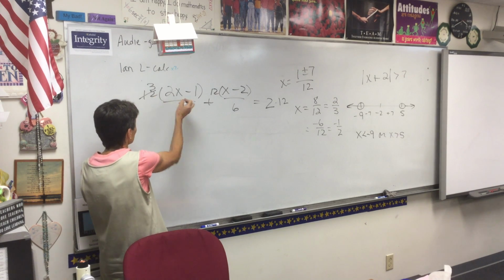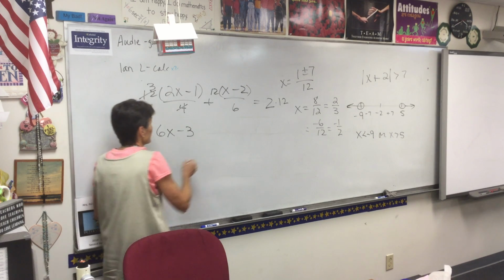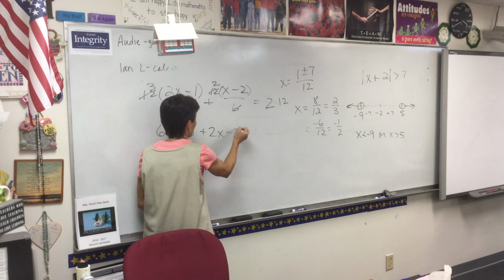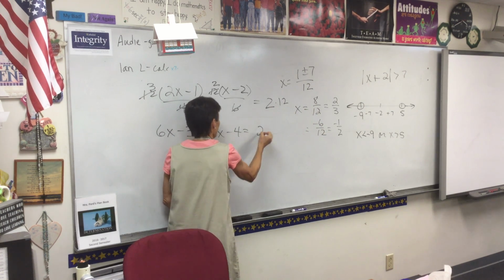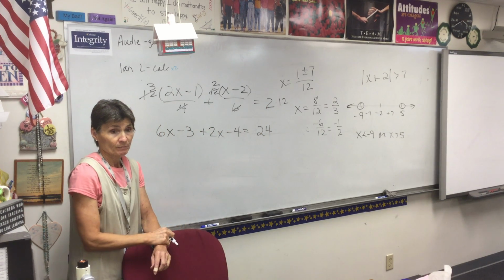So 4 goes into 12 3 times, leaving me with 6x minus 3. 6 goes into 12 twice, leaving me with 2x minus 4. And don't forget, even though there's no fraction over there, you still have to multiply it by 12.